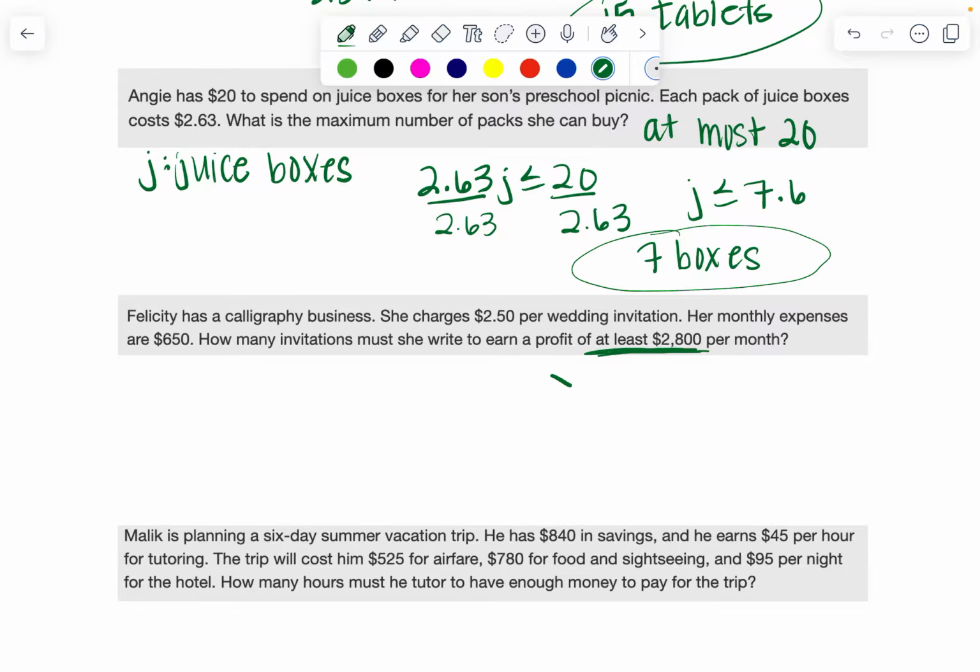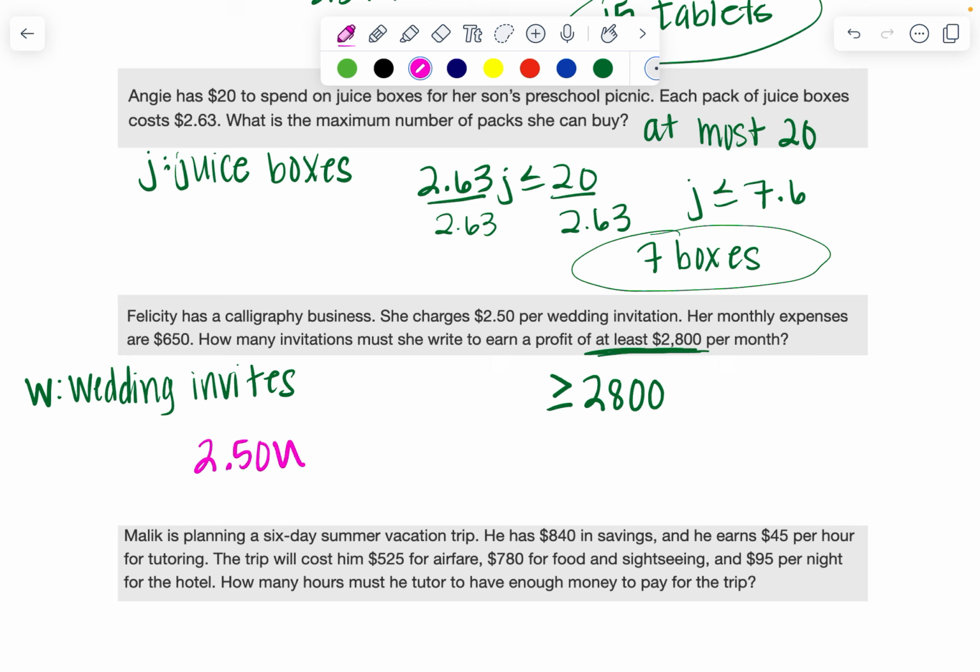So at least is bigger than or equal to $2,800. We'll have W be our wedding invitations. So she charges $250 per wedding invitation.